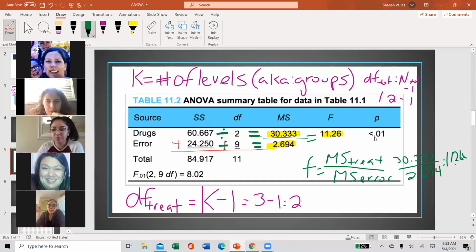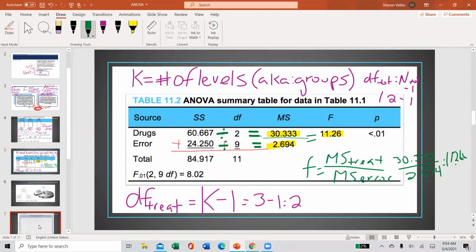The table already tells you the p-value is less than 0.01, so we know this is a significant test. He's also listing F at the 0.01 level with degrees of freedom of 2 and 9, equal to, I guess, 802. I'll take his word for it, but let's check it out just in case.